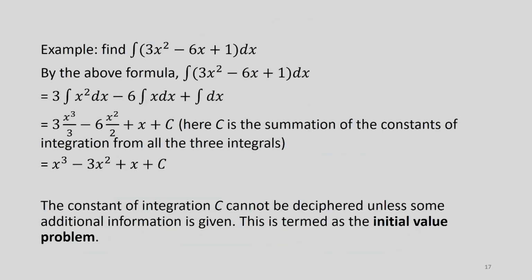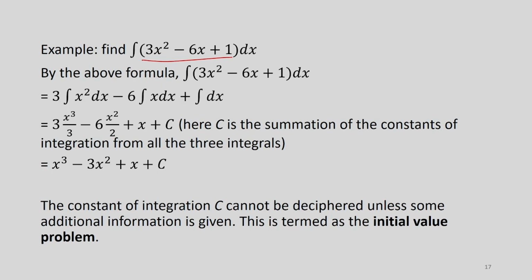Okay, here is an application of what we have just seen. Suppose you have an expression like this, a polynomial 3x square minus 6x plus 1 is what we have to integrate, and what we do is that we apply the formula before, where I write this as separate integrals.